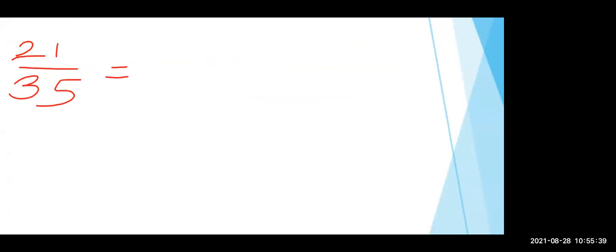Everyone do these sums in their notebook. I want to know who is giving me the first answer. It will hardly take 30 seconds, not more than that.